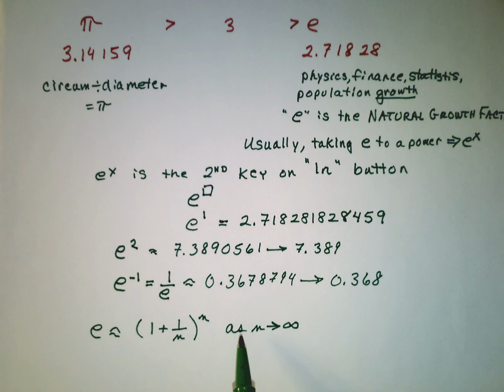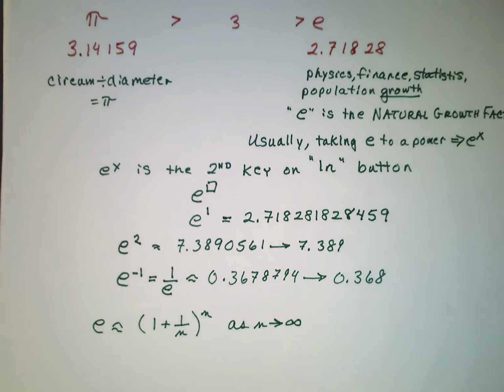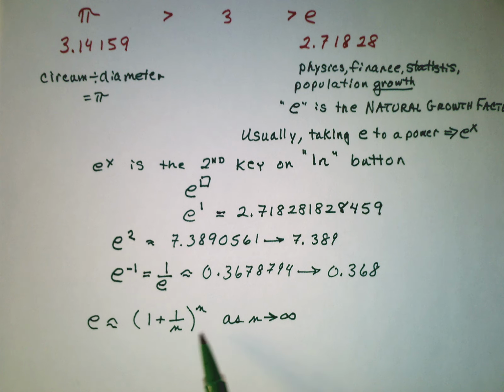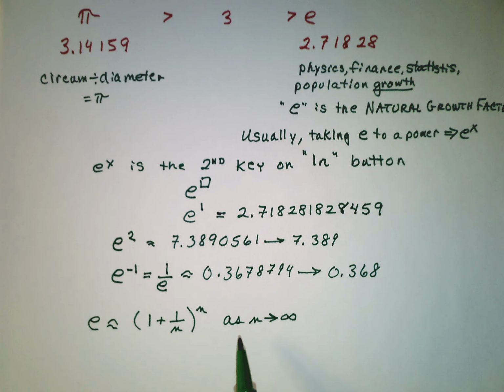More compoundings per year. Now, if this were a normal school year, we would have used his formula to discover e for ourselves. But this is not a normal school year yet. So we're just going to use Bernoulli's results to compound continuously.